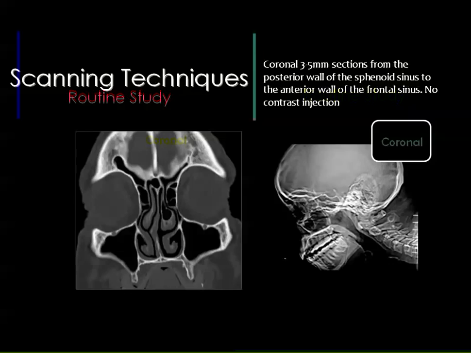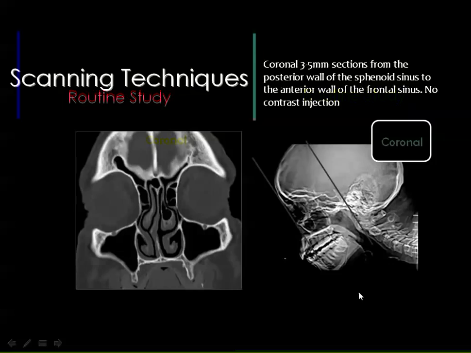And you know that we have two main types for CT imaging of the paranasal sinuses. The first study is known as the routine study, which is performed in the coronal view or position. The patient is in the prone position, and we have the scanogram in the lateral view.